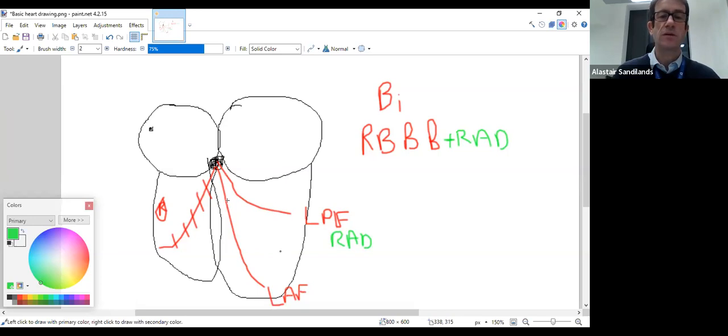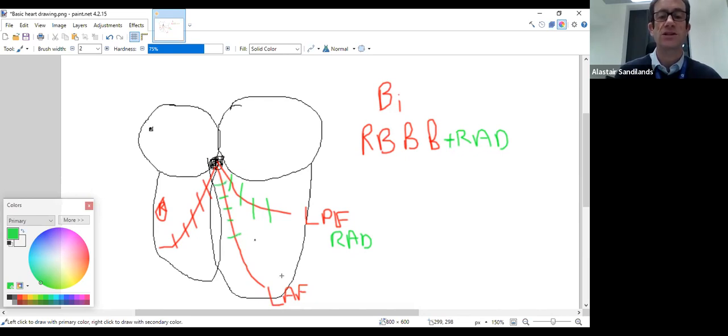If that is blocked, the patient is then living on their left anterior fascicle as the only remaining fascicle that's okay. So something happens to them, and then this blocks off. So the conducting system disease, now you can understand that there's no conduction through. This has become blocked.